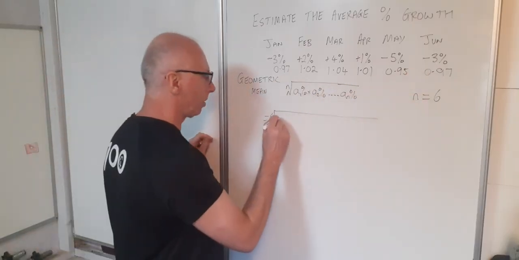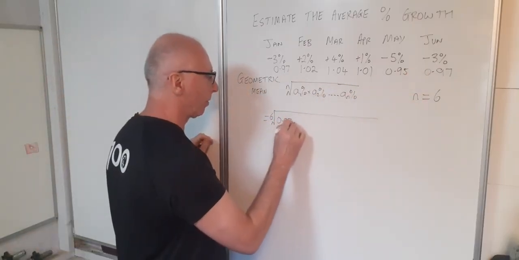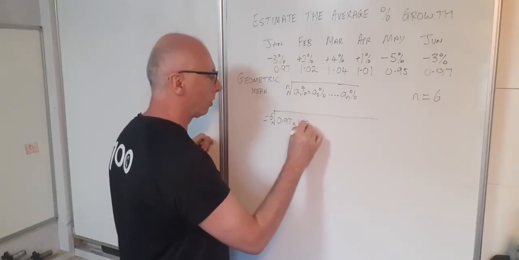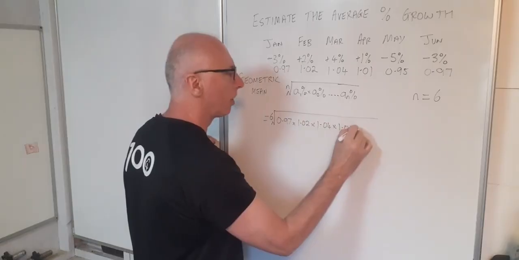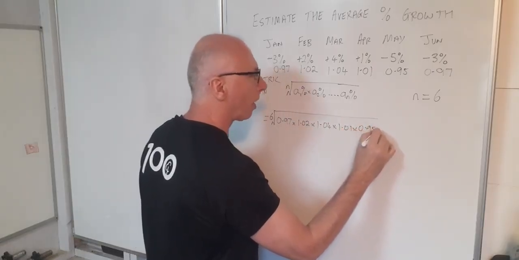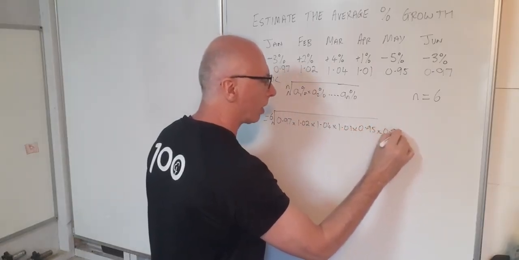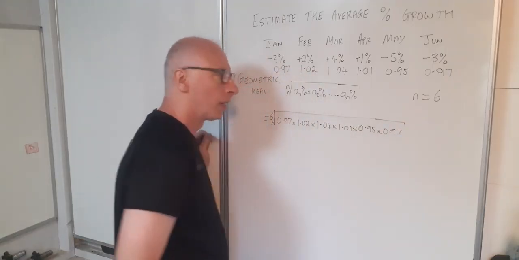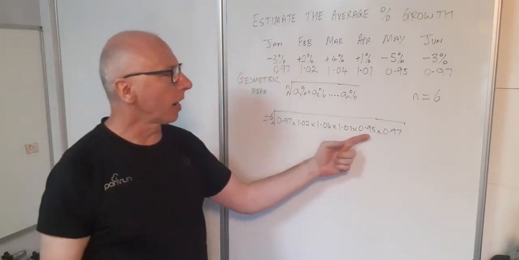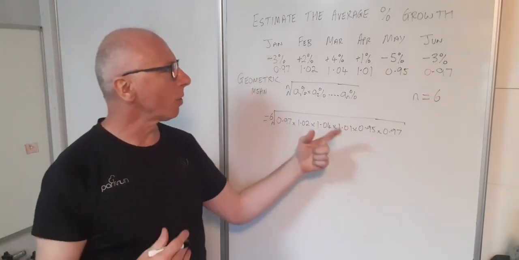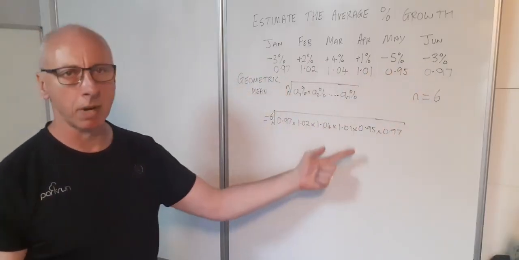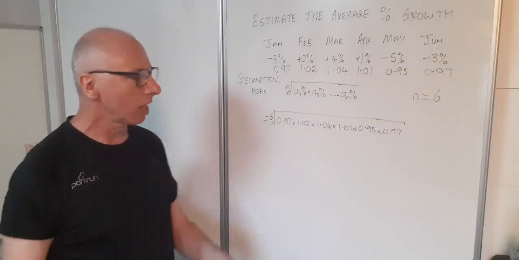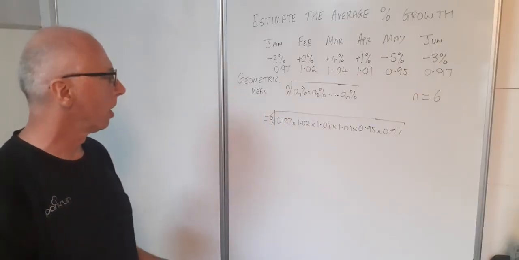So let's write them out: 0.97 times 1.02 times 1.04 times 1.01 times 0.95 and 0.97. So you can see now why, when it becomes minus 3%, you don't have a minus in there, because as we've got 3 minuses in here, otherwise we'd end up with a minus inside our root, which is not going to give us any real values.